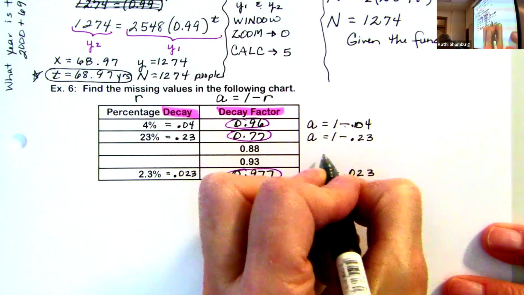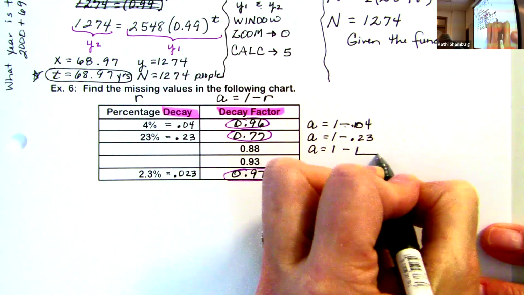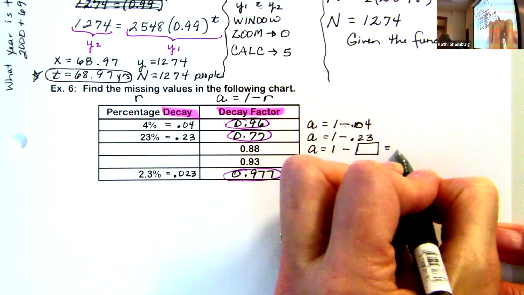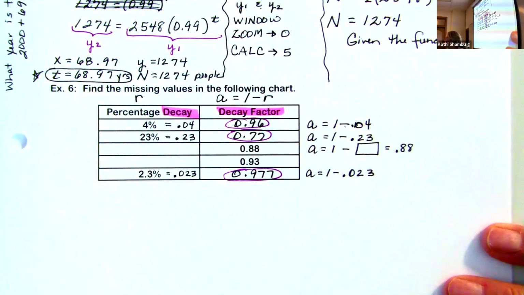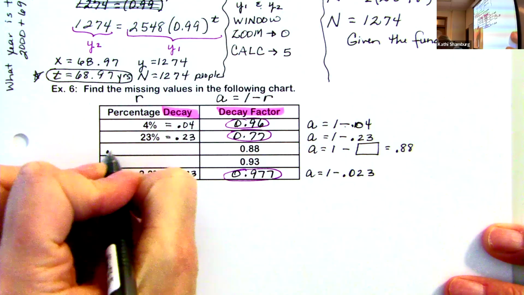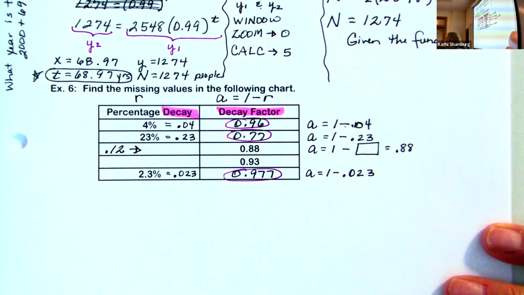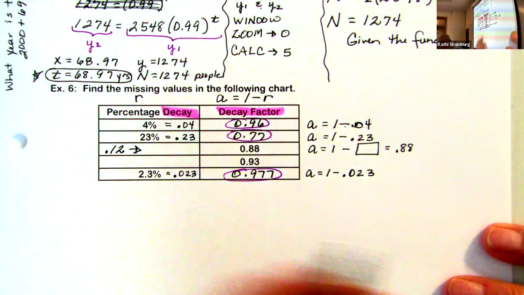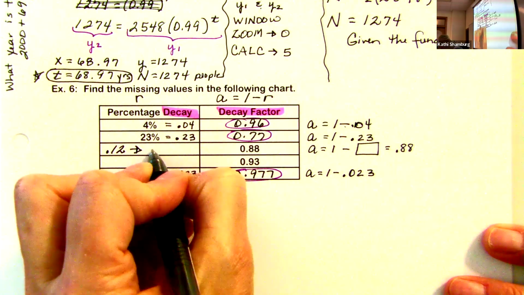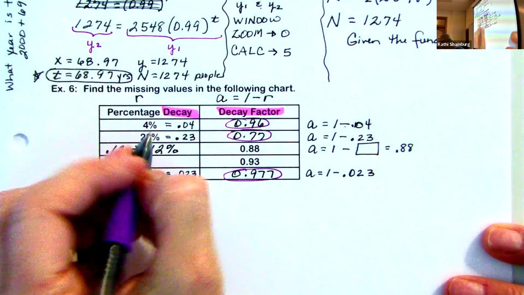So we want to ask ourselves, 1 minus what gives us that 0.88? 0.12. So this is 0.12. And then when we convert that to a percent, move the decimal point 2 places to the right, we get 12%.